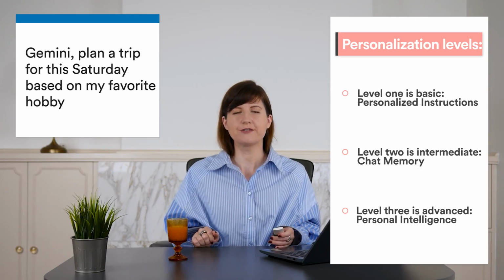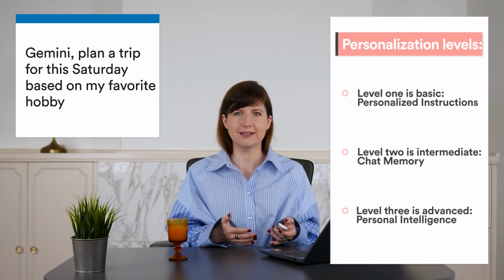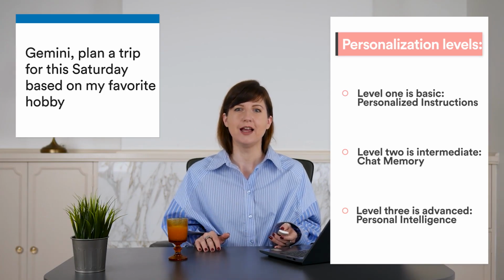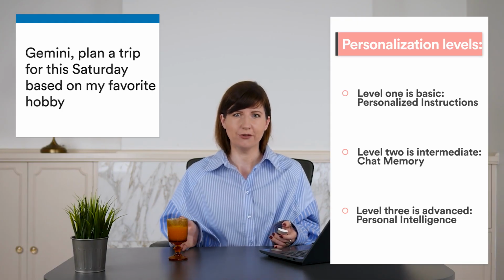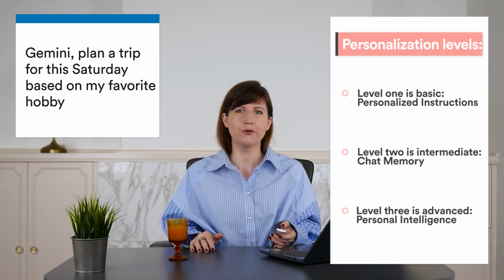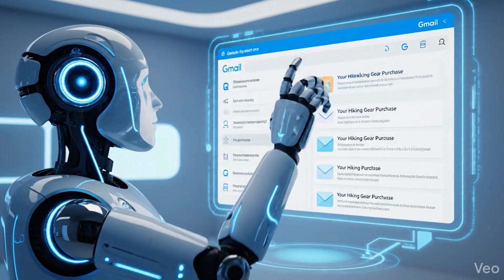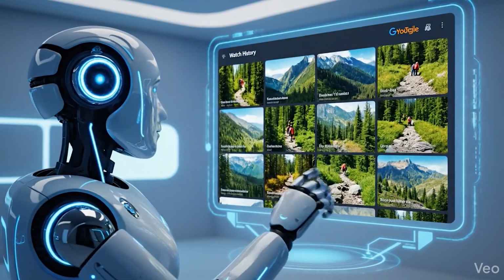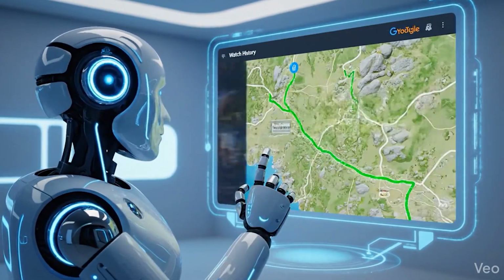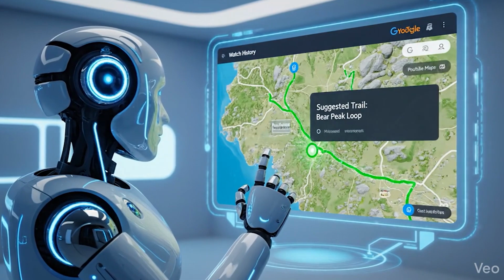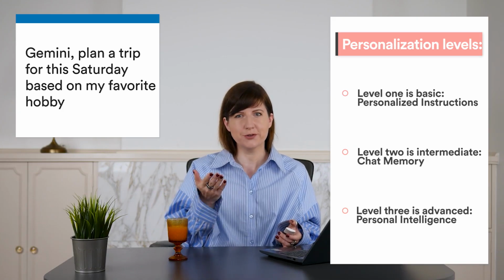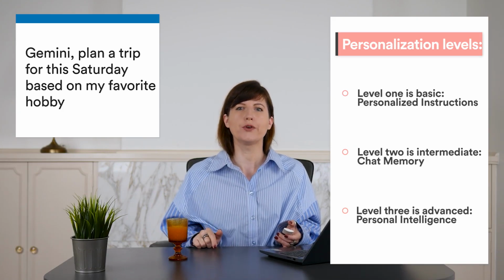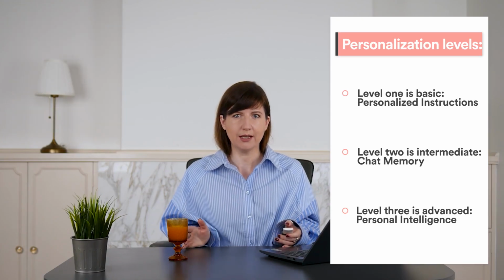Personal intelligence finds your recent hiking gear purchase in Gmail, pulls your favorite trail photos from Google Photos, checks your YouTube watch history for local guides, and suggests a specific trail, knowing exactly what difficulty level suits you.